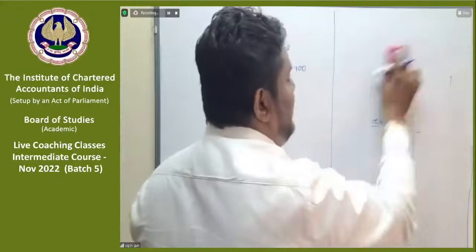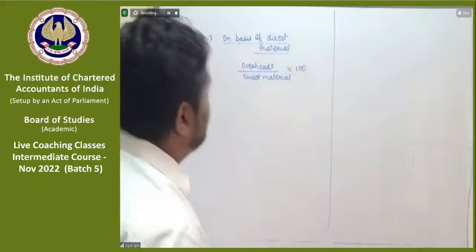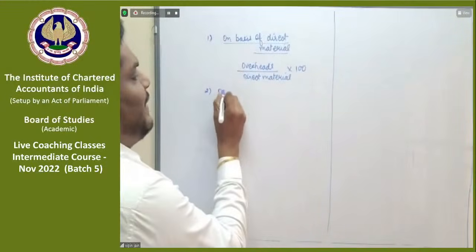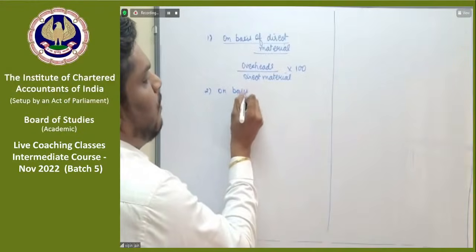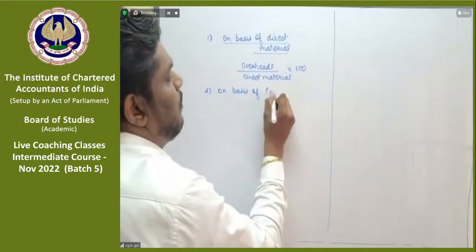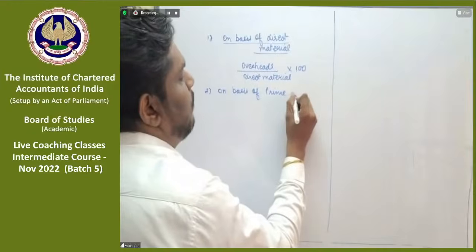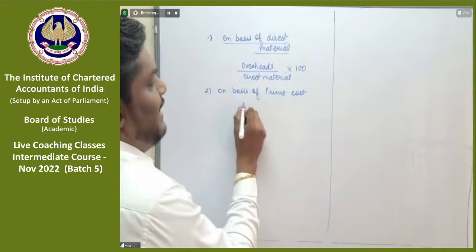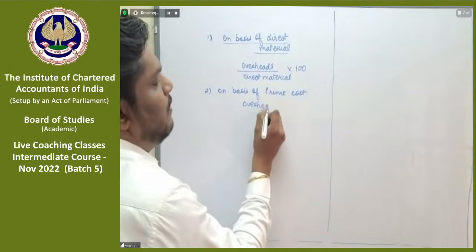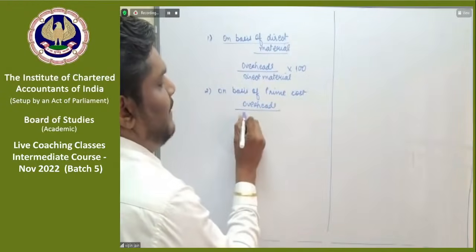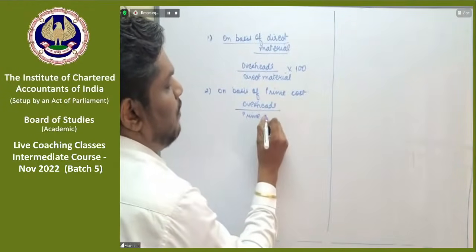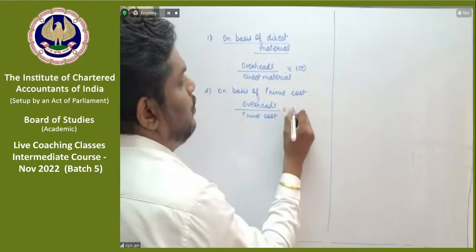Similarly, there is one more method of absorption that is on the basis of prime cost. So again, the formula will be overheads divided by prime cost into 100.